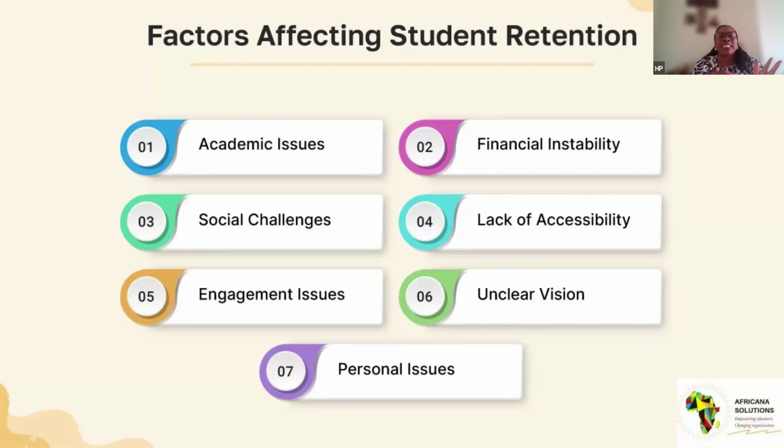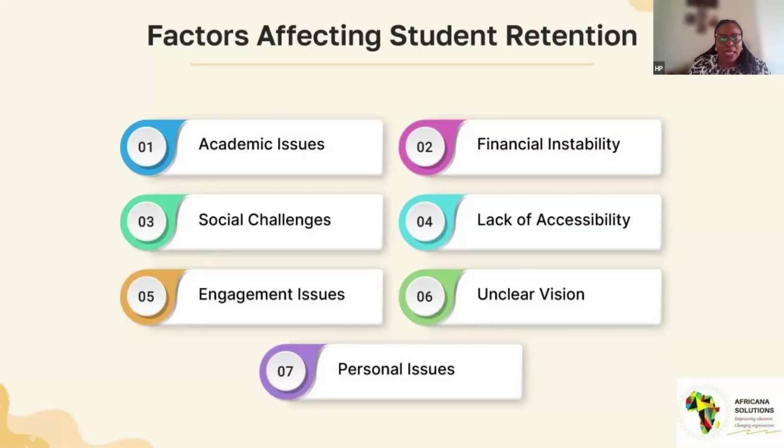And that's why when a child is dissatisfied with the way the school is run, of course, they will look out for other schools. Unclear vision. This year, our unique selling point is academic excellence. The next year, you're moving to events. The next year, you do not really have a clear vision for where you're going with your school. This affects student retention.